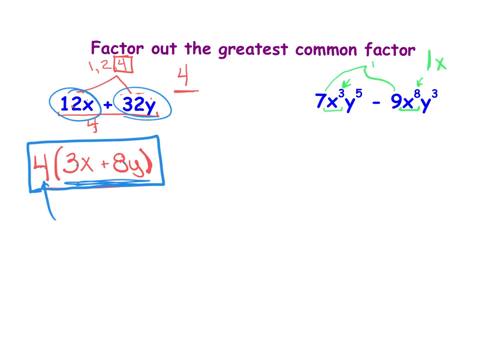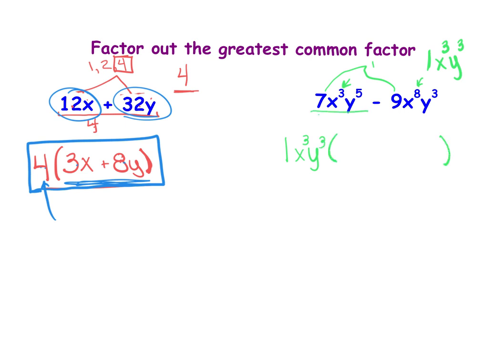So we're going to factor out an x to the 3rd. And then when I look at the y's, what I see is that I have a y to the 5th and a y to the 3rd. They each, again, have a minimum, or at least, a y to the 3rd. So our greatest common factor here, numerically and with variables, is going to be 1, x to the 3rd, y to the 3rd. And then I need to figure out what's inside of those parentheses.